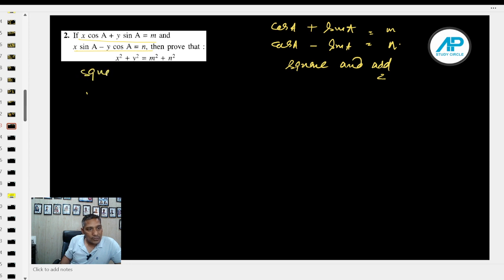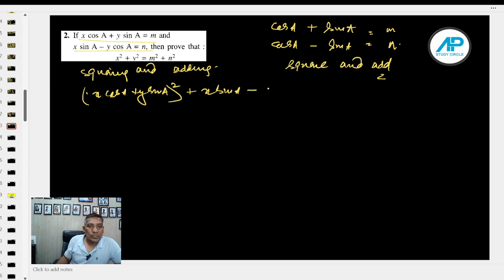So we write down squaring and adding. So I'm going to do here the whole square of, and that gives you automatically m squared plus n squared.